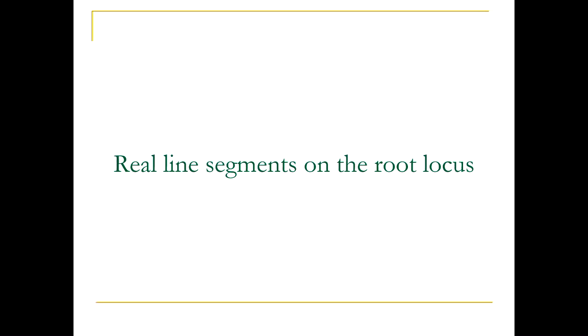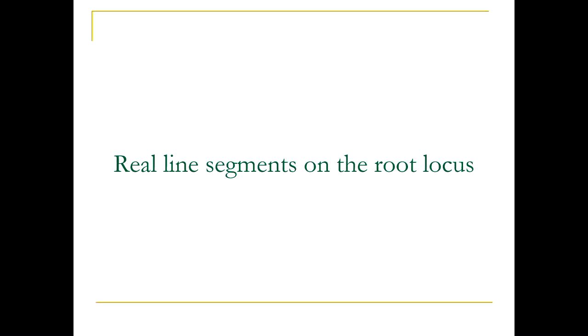Why don't I bother about the imaginary axis or some other axis in the complex plane? Well, the reason is because plotting this is extremely easy, and determining whether an arbitrary point, let's say on the imaginary axis, belongs to the root locus is much harder. So since it's so easy, let's do it. We will just have extra information when we are sketching our root locus.